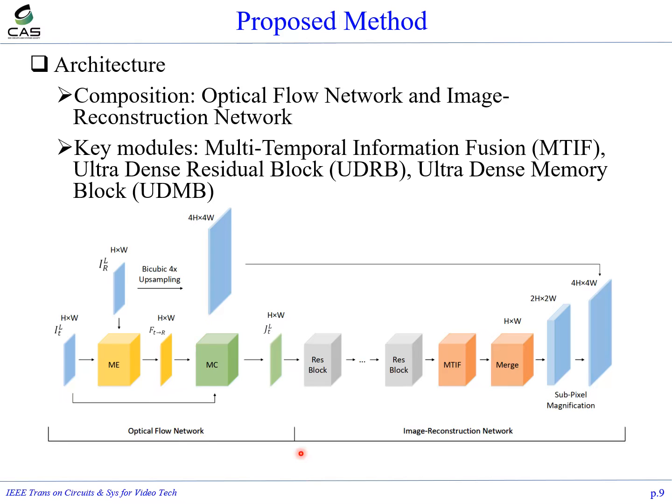Here we show the whole architecture of our method. As you can see, our model consists of two subnetworks, the optical flow network and the image reconstruction network. First, we adopt a motion estimation module to predict the optical flow between the current frame and the reference frame. Then we apply a motion composition module to align the current frame to the reference frame.